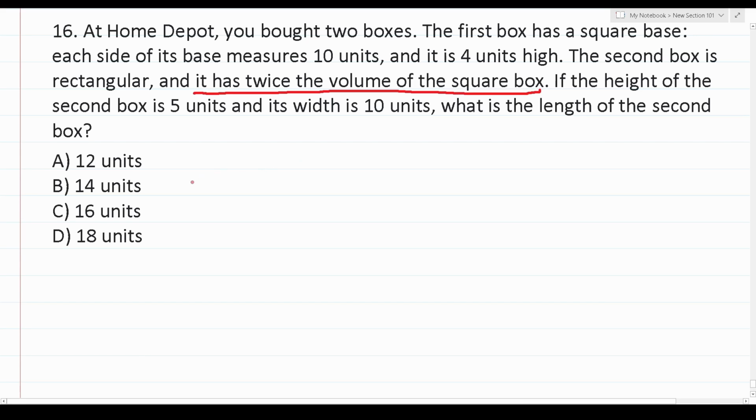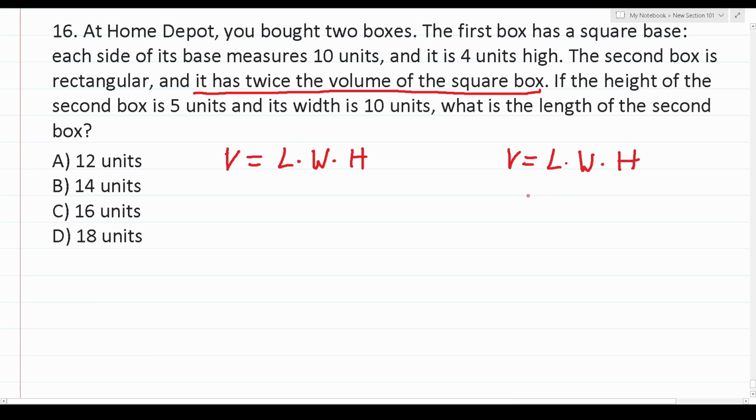So the formula to find the volume of a rectangular prism is this. Its volume equals length times width times height. So we'll use this formula to represent the first box, and we'll use another iteration of the formula to represent the second box. Again, that's volume equals length times width times height.